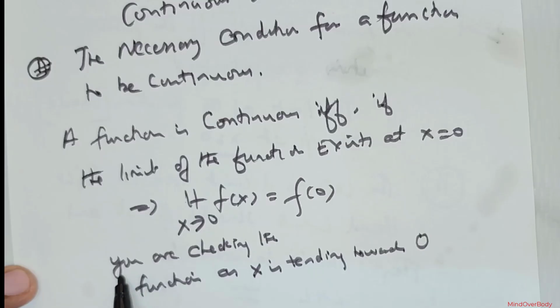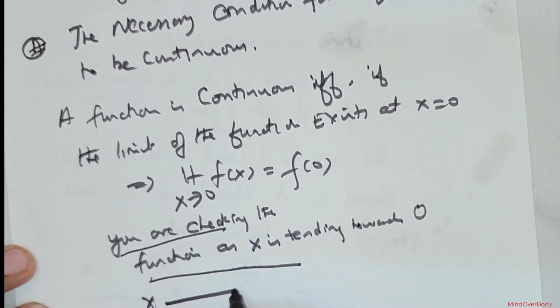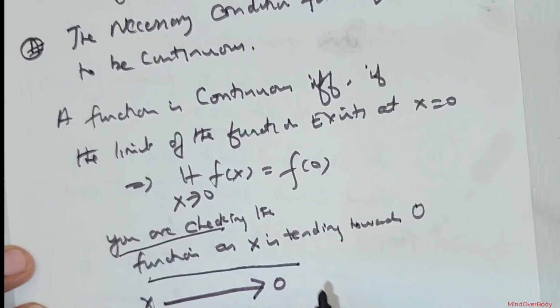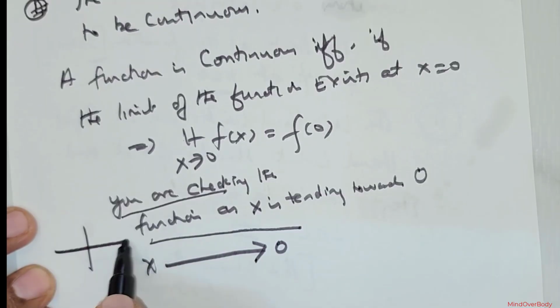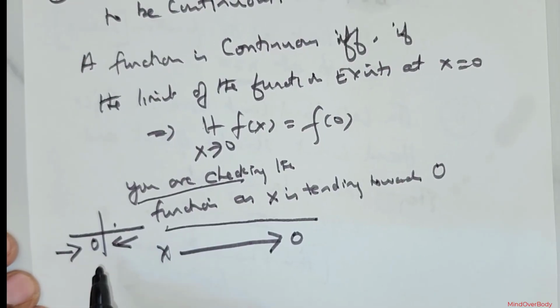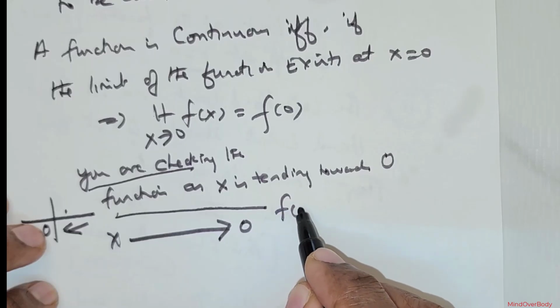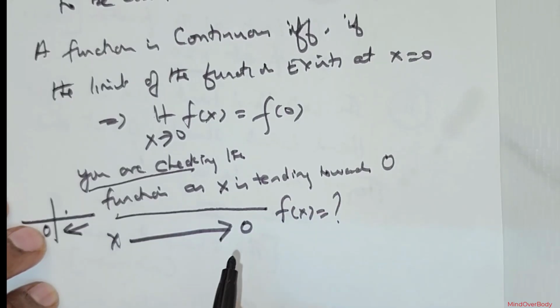So the function is actually evaluated as x is moving towards 0. It can move towards 0 either from the right side or from the left side. And whichever direction you're choosing, you are actually checking or getting the value of f of x.